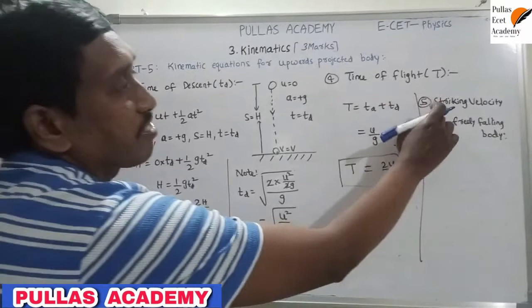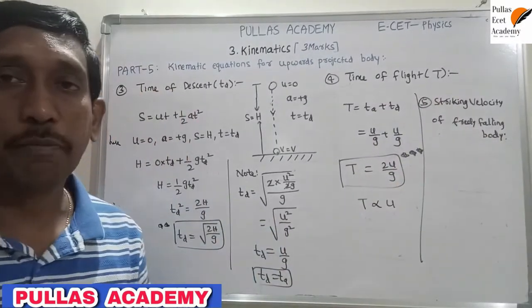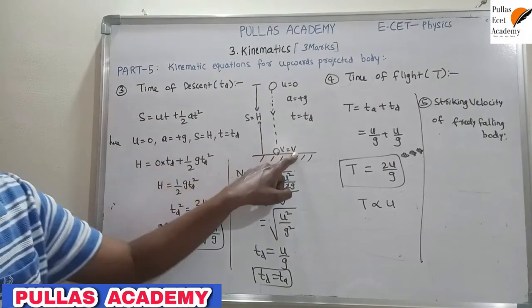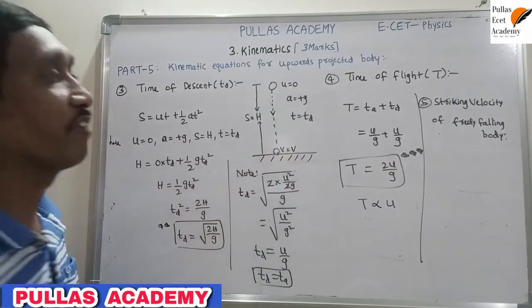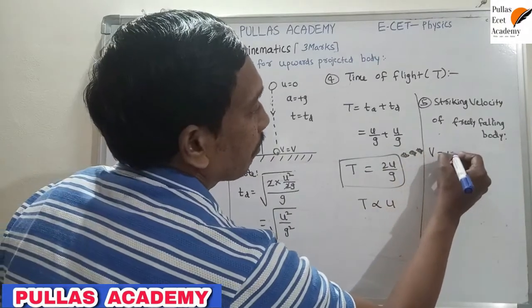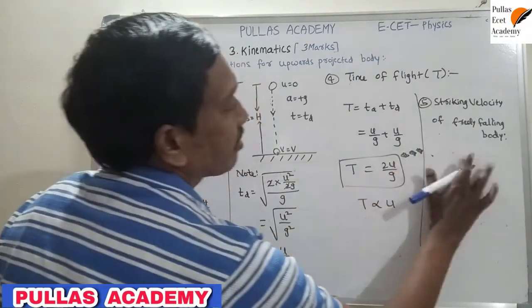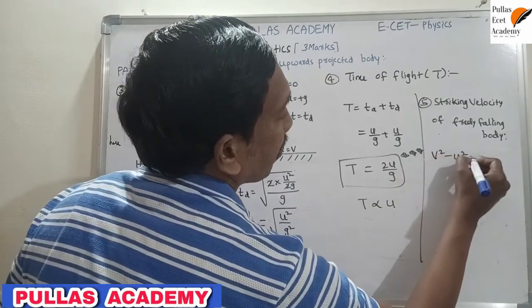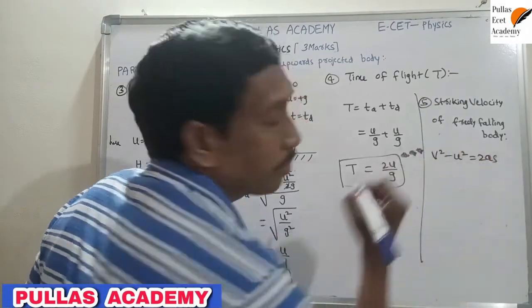One more parameter is the striking velocity of a freely falling body. Suppose it is dropped from here; when it reaches the ground with velocity v, what is the expression for v? It is derived from the third kinematic equation, v square minus u square is equal to 2as.